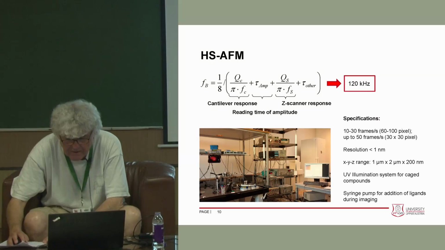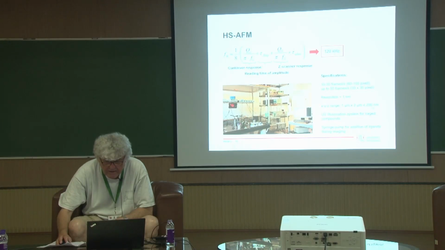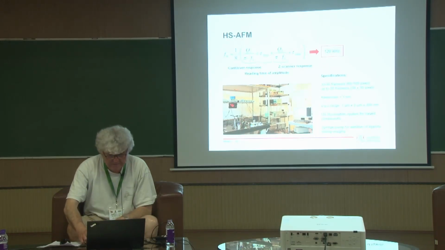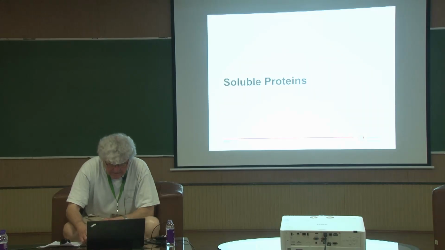And the scan range is something like 1 square micron, and the Z 200 nanometer. And it also has some additional components like UV illumination for caged compounds, a syringe, so that you can add ligands, for instance. Okay, and now a few examples that have been done.